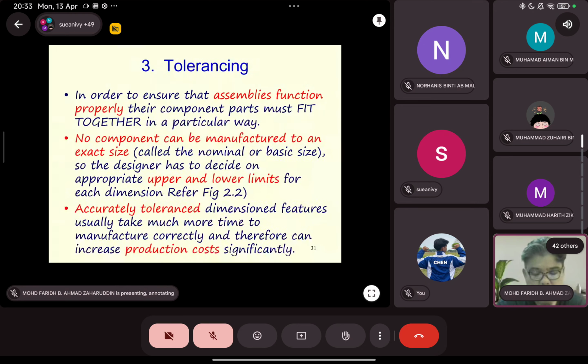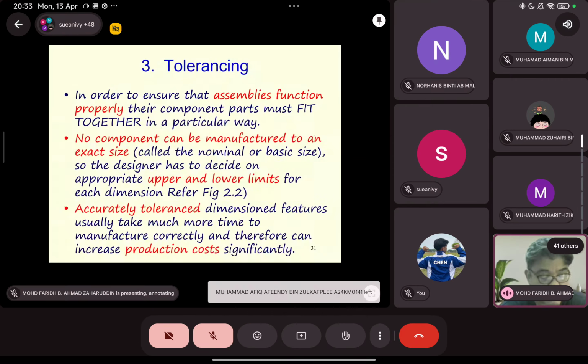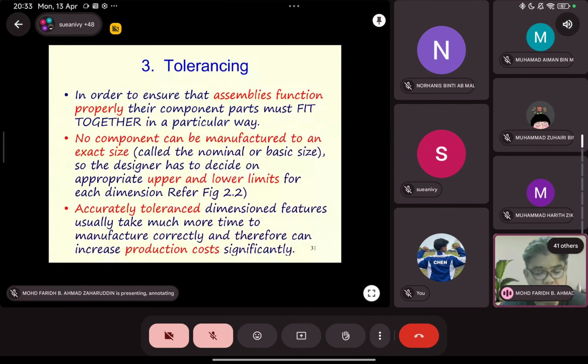Make to suit examples are special order parts, special order products. For example, parts for racing. Okay, yang mana memang orang order special. For example, you have a big bike, maybe need to do some modification. If you buy a new one, it will be very expensive. Or for example, it comes in modular.